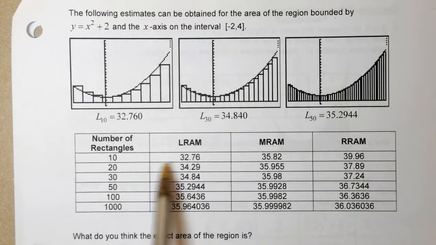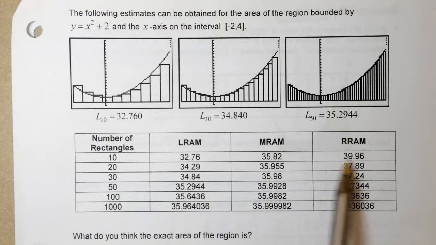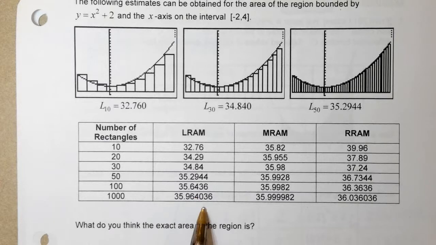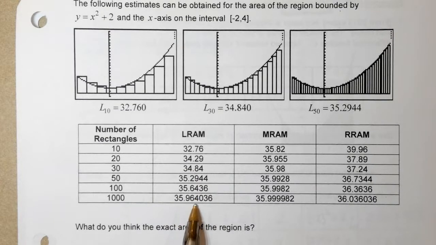So when there's 10 triangles, these are the different areas, so on and so forth. So when we have 1,000 triangles, the left Riemann sum is 34.964036. The middle is 35.999982. And the right is 36.036036.